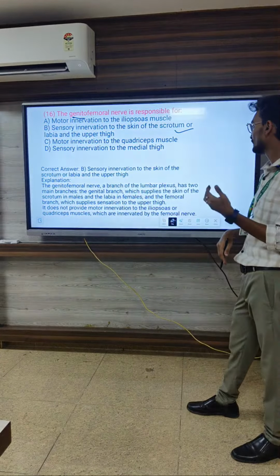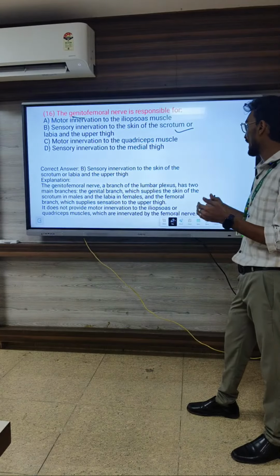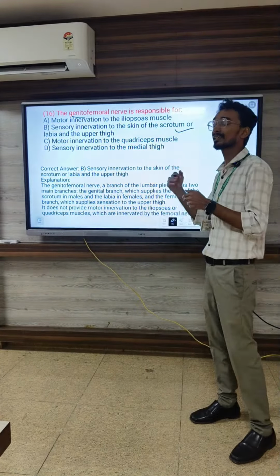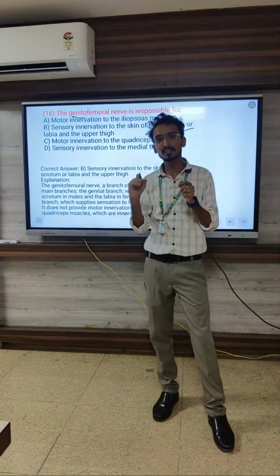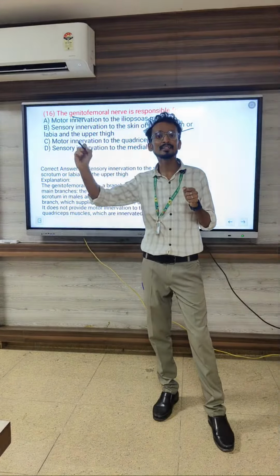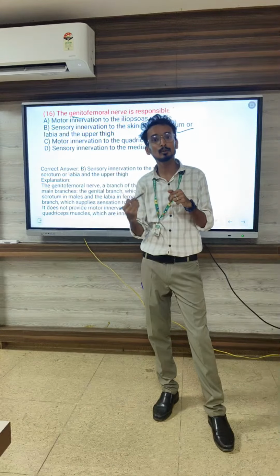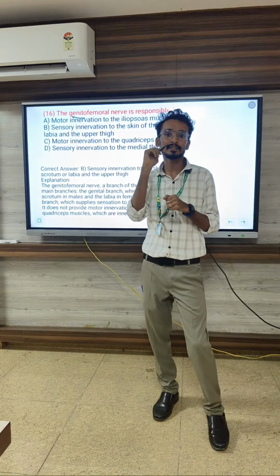The genital branch supplies the skin of the scrotum in the male and the labia in the female. The second branch is the femoral branch. It supplies the upper thigh. Genito goes to the scrotum in males and to the labia in females. The second part, femoral, supplies the upper thigh.